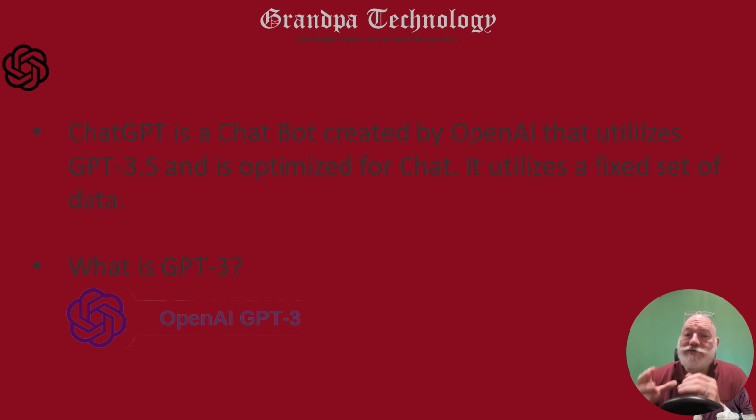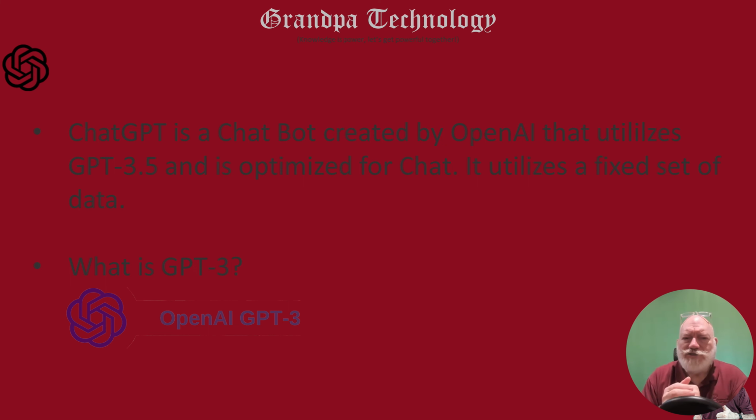It uses a fixed set of data, doesn't do searches, just has a data set. You start chatting with it, and it goes against that data set for whatever it develops. That's what ChatGPT is. It's an application, a bot. Yes, it's a technology showing how GPT can be used in a chatting environment. That's one way to look at it.